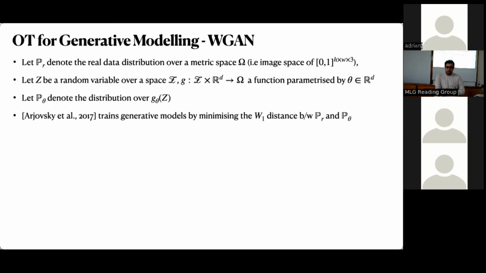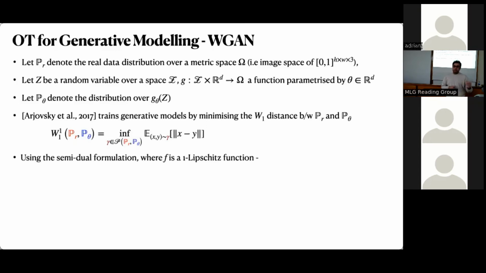And so let's work through how they exactly do this. The Wasserstein 1 distance, as defined before, is going to be the infimum of the expectation of the L1 norm between X and Y over the optimal coupling that satisfies the optimal transport problem. This is obviously a bit hard to actually solve in practice, but you can use the semi-dual formulation here because they're using the Wasserstein 1 distance.